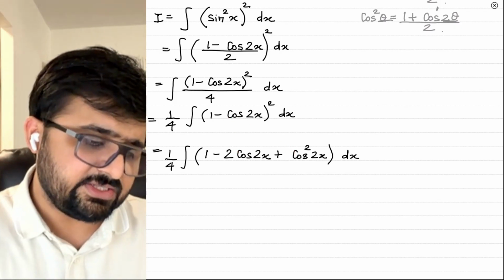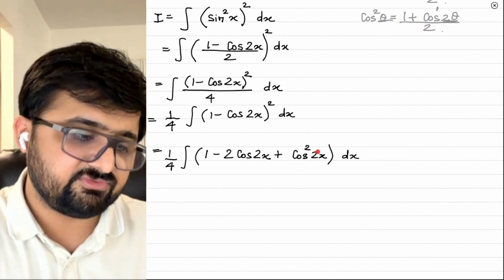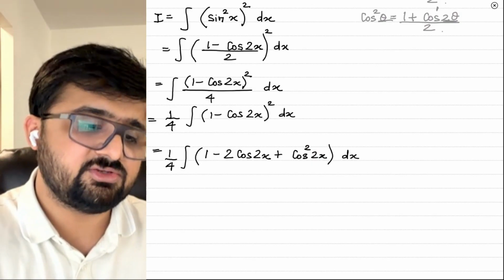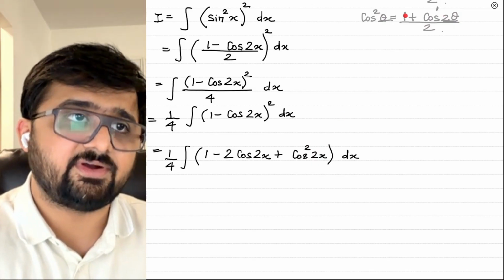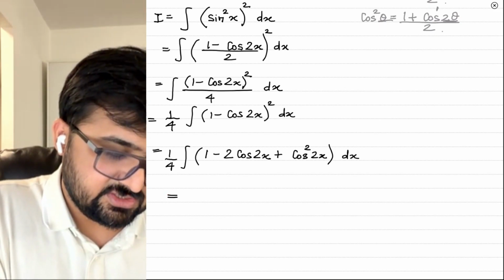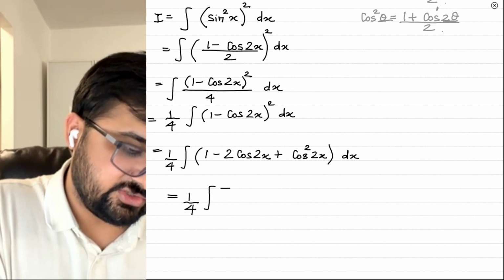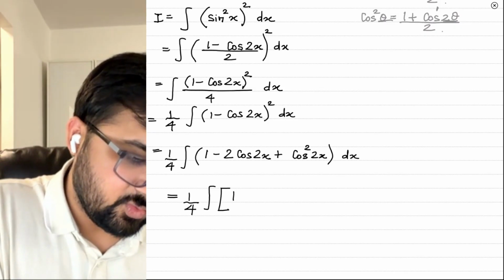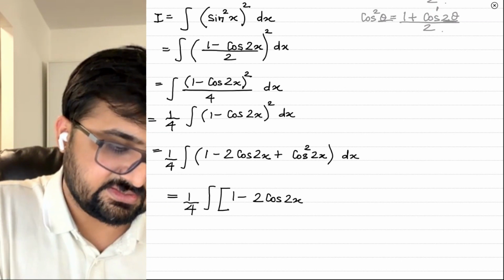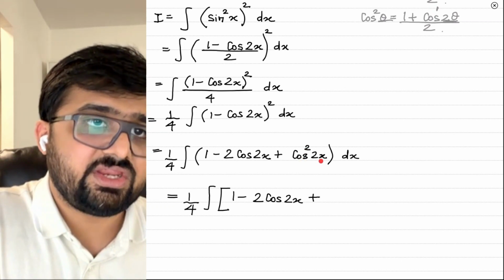Okay. Now, if you notice, there is again the cos square term. Now, if there is a cos square term again, we can convert that power 2 into power 1 by using this formula again. So before integrating, we'll also have to take care of that. So we get 1 by 4 integration of 1 minus 2 cos 2x plus cos square 2x.